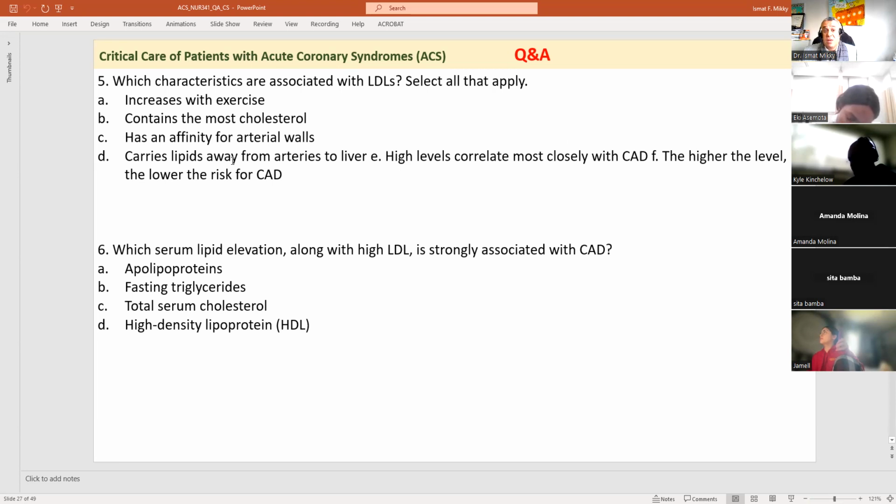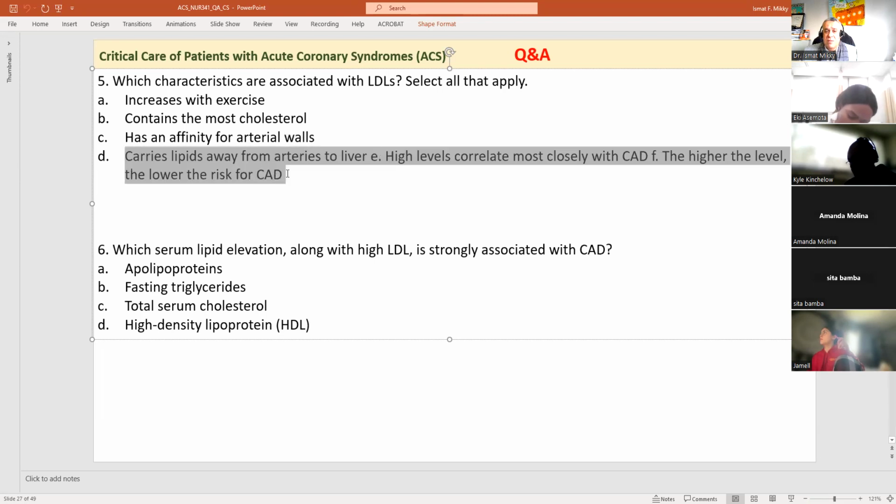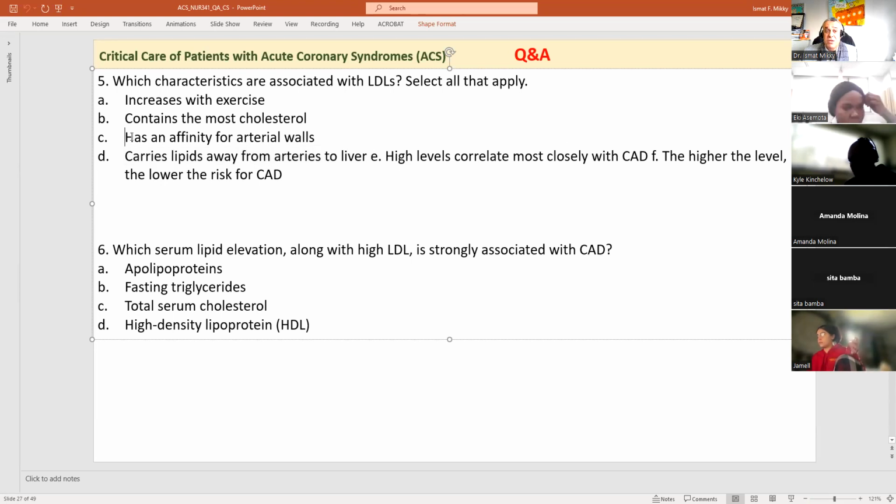So D carries lipids away from arteries. Which one carries the lipids away from the arteries to the liver? HDL. It's the HDL, the good cholesterol, right? The good lipoprotein. So contains more cholesterol, that's correct? Has affinity to and more attraction for the arterial walls, another one.